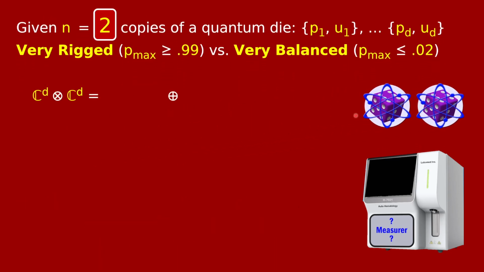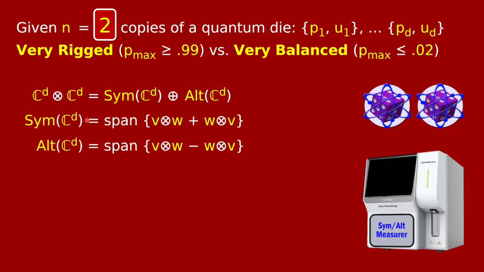Now, if you're a real lover of linear algebra, you may already have your very favorite decomposition of the tensor product of two d-dimensional spaces into two subspaces. And if you even just know basic properties of matrices, you may know about this. The natural decomposition is into what's called the symmetric subspace and the alternating subspace. The symmetric subspace is just the span of all the vectors in C^d tensor C^d that are symmetric with respect to permuting the two tensor components.